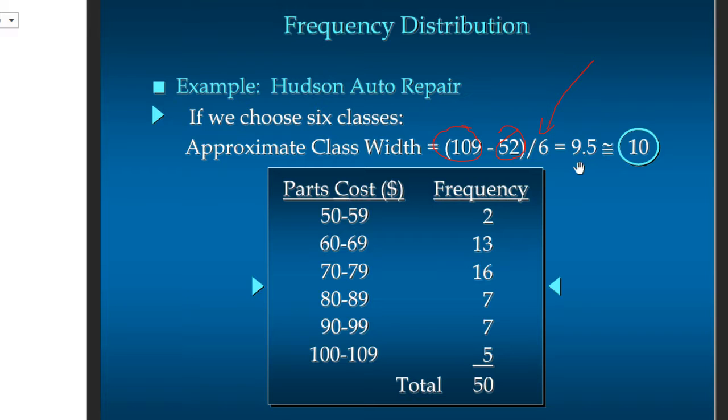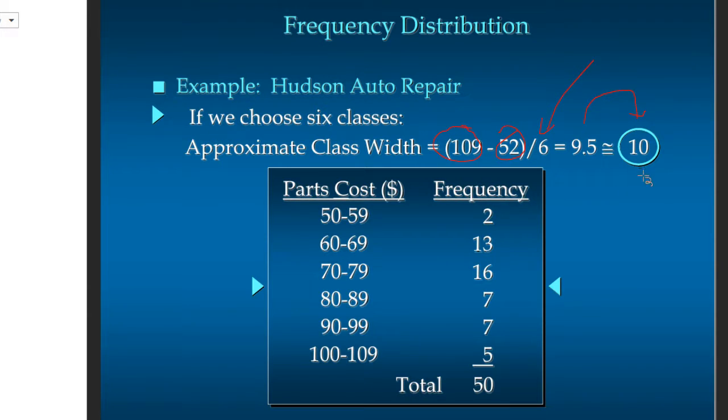Since it's 9.5, we round it up to the next number, 10. If this was 9.2, should we use 9 here or 10 here? The answer is 10, right? Even though we have a small number here, 9.1, 9.2, 9.3, we still are going to round it up to the next biggest number, which is 10.